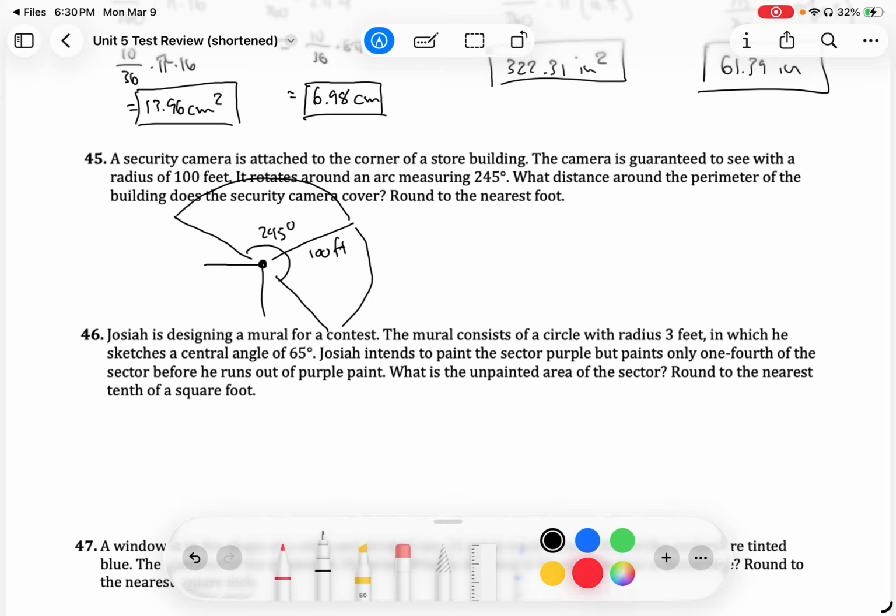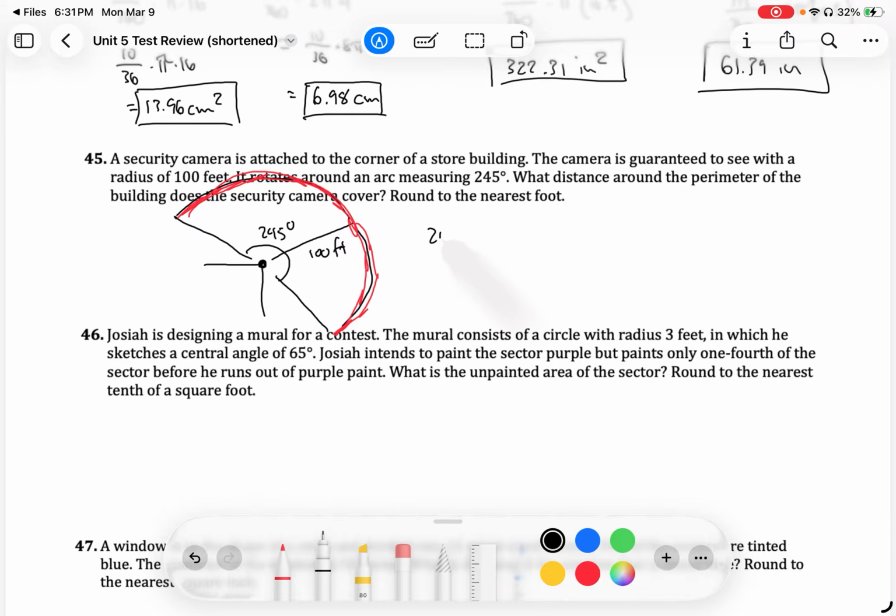So I guess they're talking about this distance right here. A little bit confusing what distance around the perimeter of the building does the security camera cover, but I guess we'll call it that. And so that would basically be the arc length.